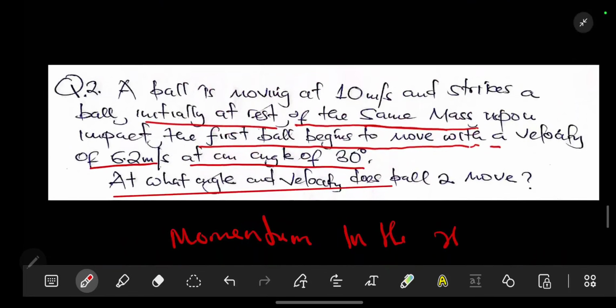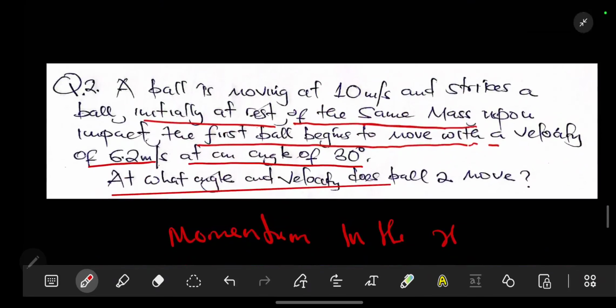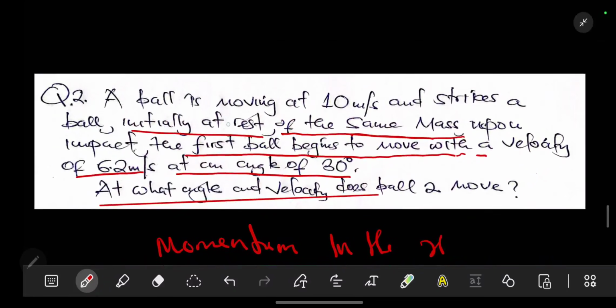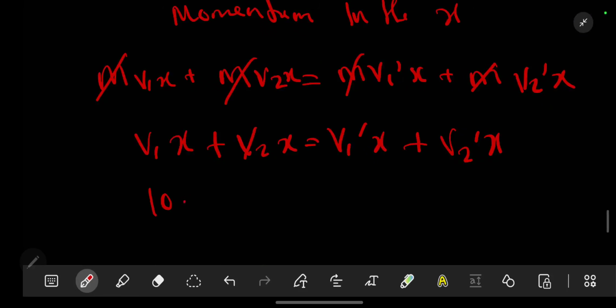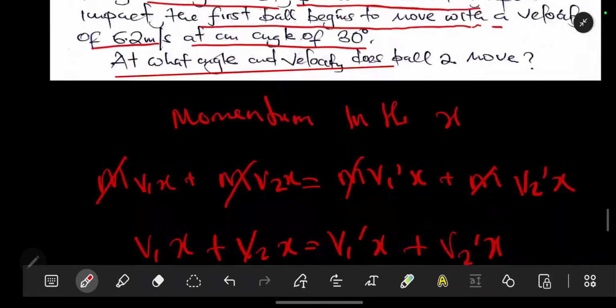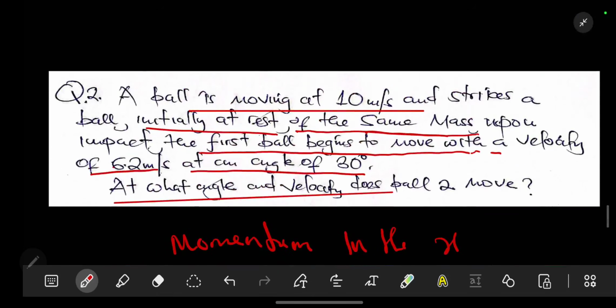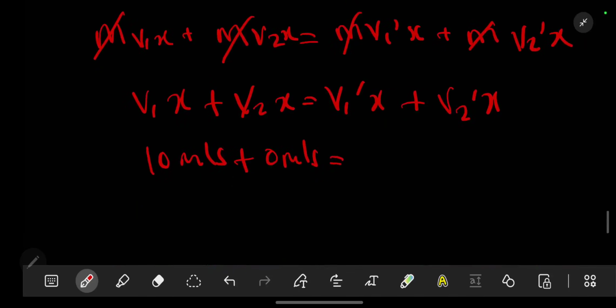So our v1 x is equivalent to, what do we have for v1? It was moving at 10 meters per second, so we are going to put the 10 meters per second there. Then plus this one was at rest, so it will be 0 meters per second, should be equal to v1 cap. Then it starts to move at 6.2 meters per second after impact, according to what we are told.